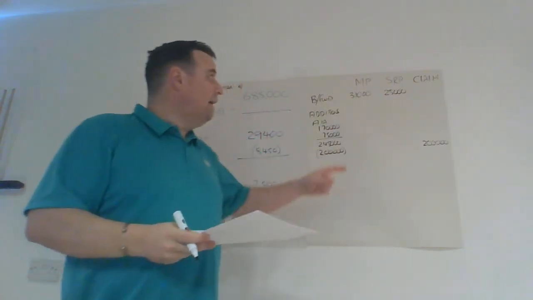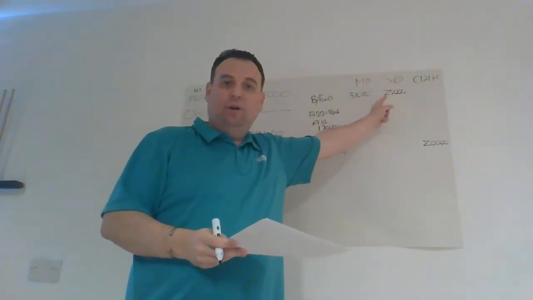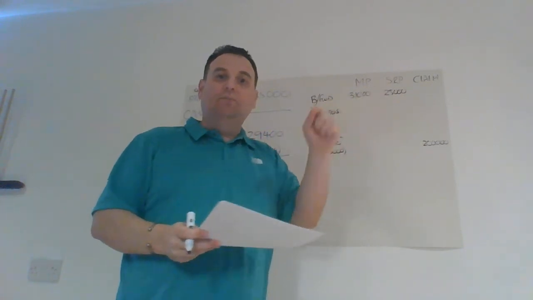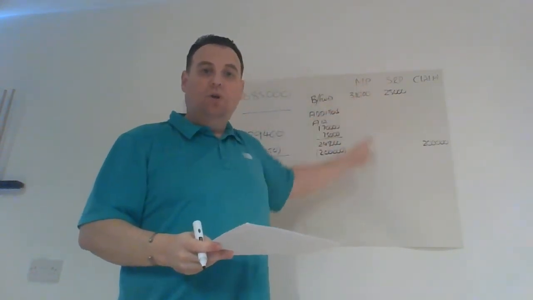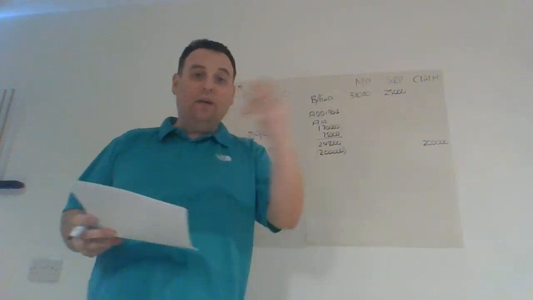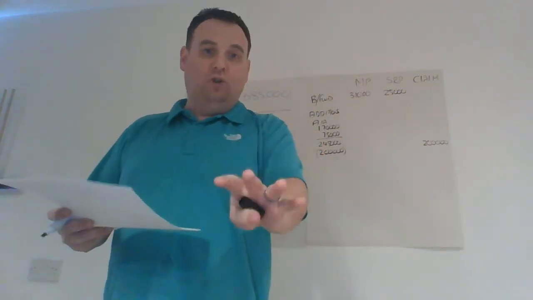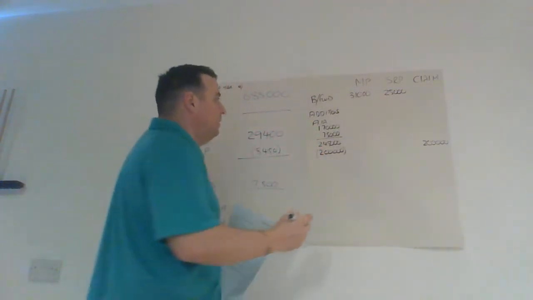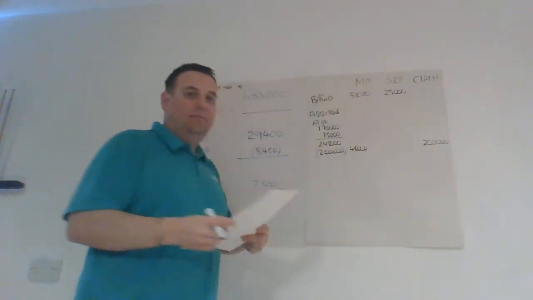Now, the written down allowance on the main pool is 18%, the written down allowance on the special rate pool is 8%, so it is more efficient for us to claim the 45,000 in the main pool, where we will get higher written down allowances. You can do it the other way around. You can put it wherever you want. You have the right to choose not to do what's best. But what is best is to put it in the main pool.